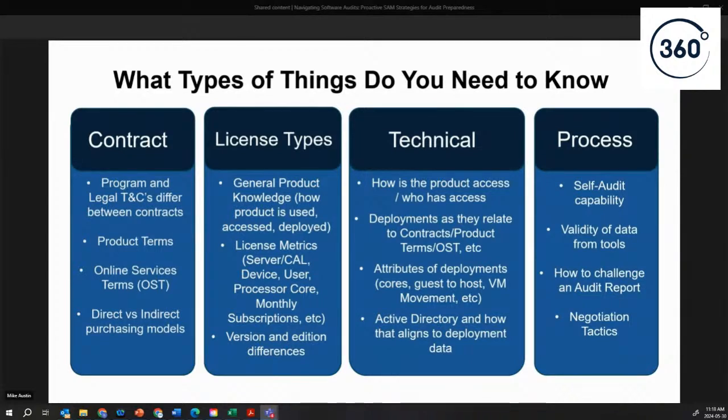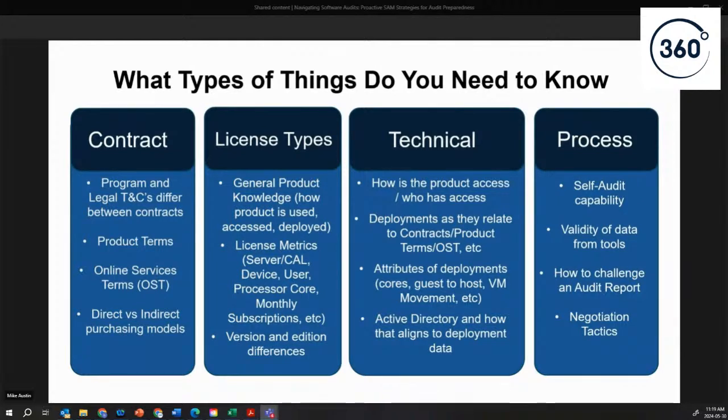A good example is what we already talked about, tenant level services being turned on in Office 365. That's an example of deployments and what the terms are in there. This could also be how you deploy.